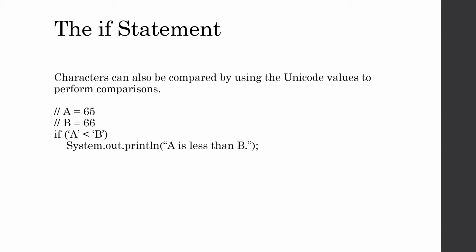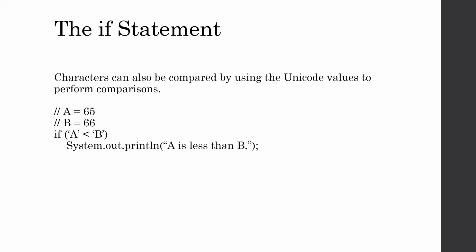In addition to being able to compare numeric values, like ints and doubles, we can also do comparisons with characters by using the Unicode values that distinguish one character from another. Based on what we've seen with the char data type, each character has some numeric value associated with it, that Unicode value.